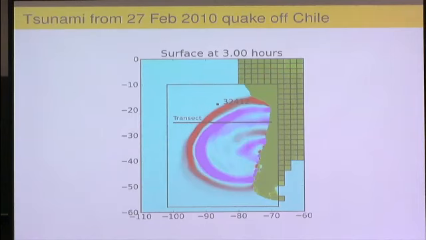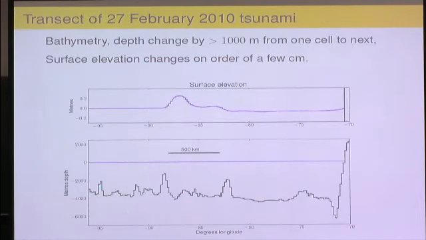This is just an illustration of the problem. This is a transect across the Pacific from another tsunami that went off the coast of Chile in 2010. This is what the bottom bathymetry looks like on that cross-section as a piecewise constant function. This is going down to 6,000 meters here in this trench. And from one grid cell to the next, there's often a jump of several hundred meters.